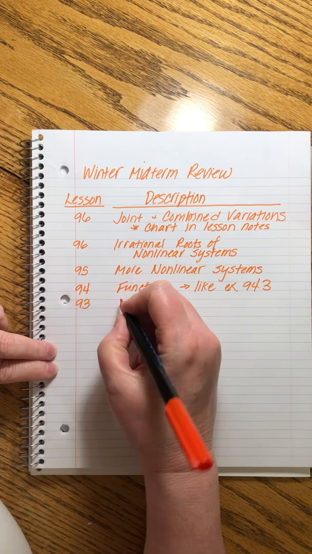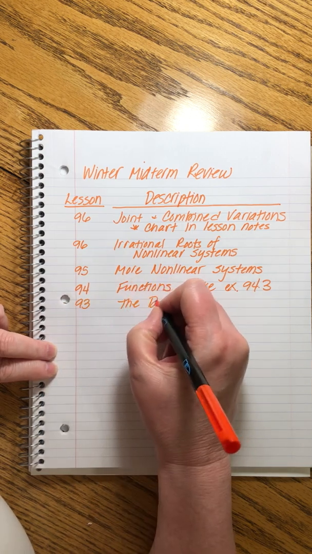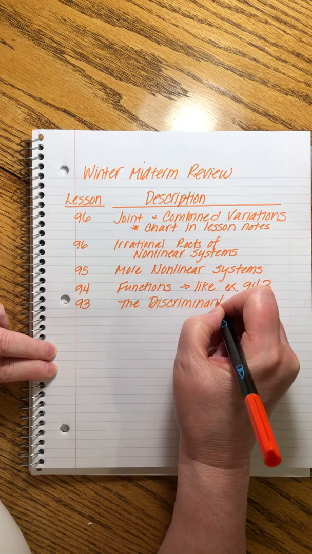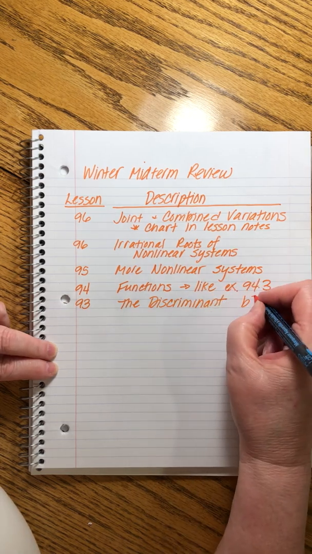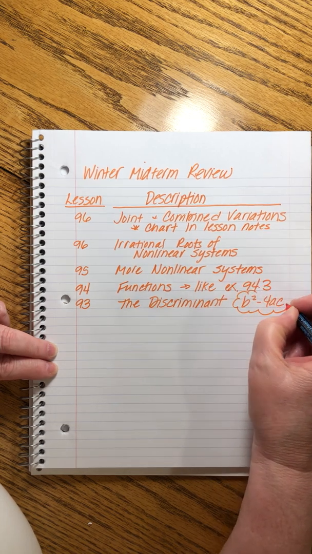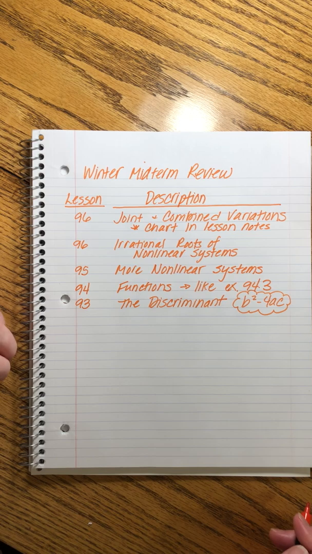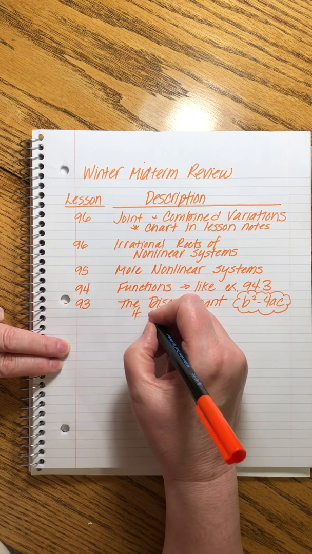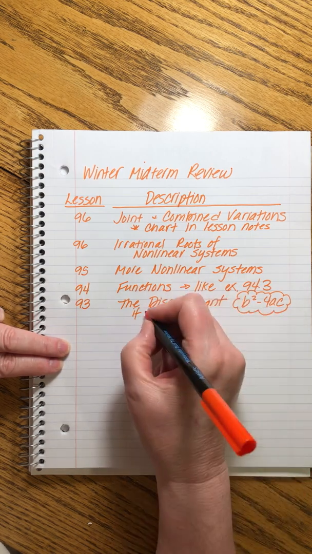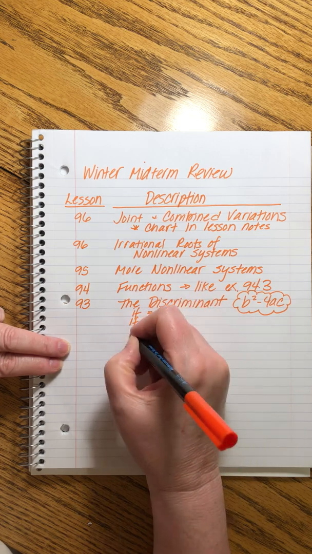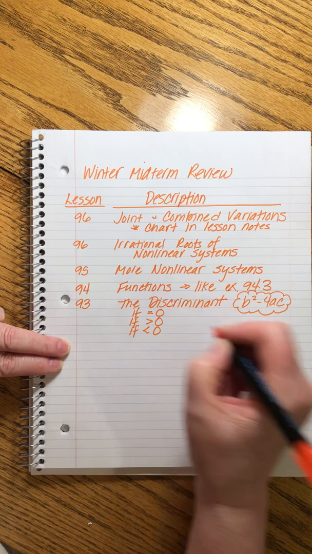93 is the discriminant. Remember that the discriminant itself is b squared minus 4ac, right? It's what's inside the pig house of the man-eating dragon. And then I want you also to remember if the discriminant equals 0, if the discriminant is greater than 0, if the discriminant is less than 0.